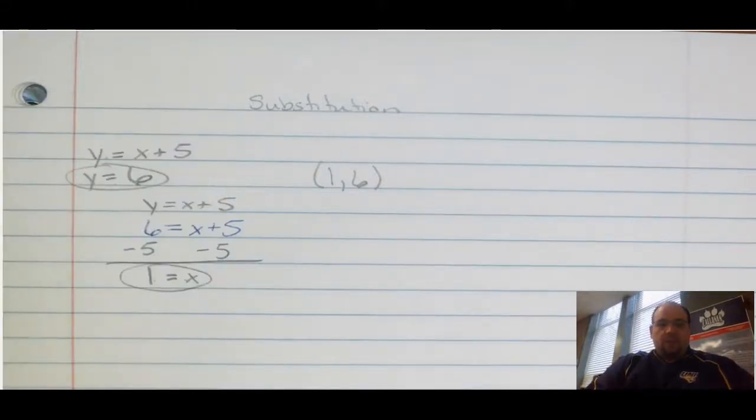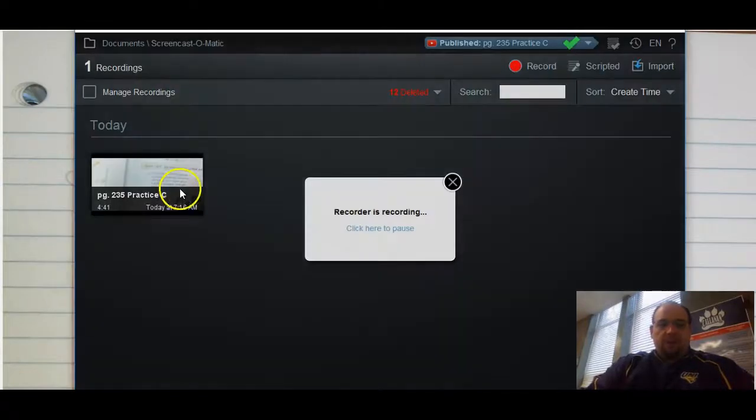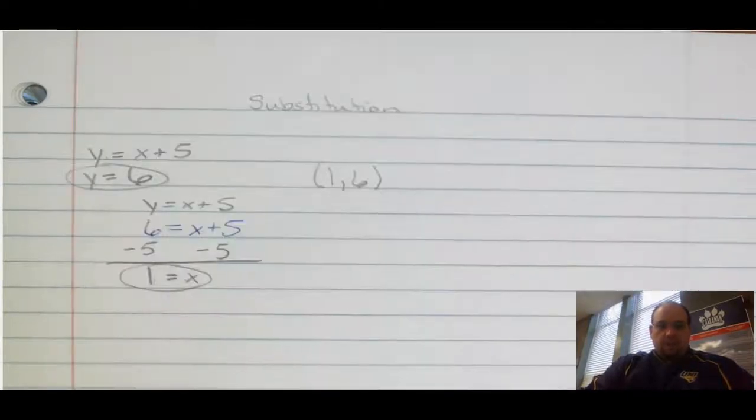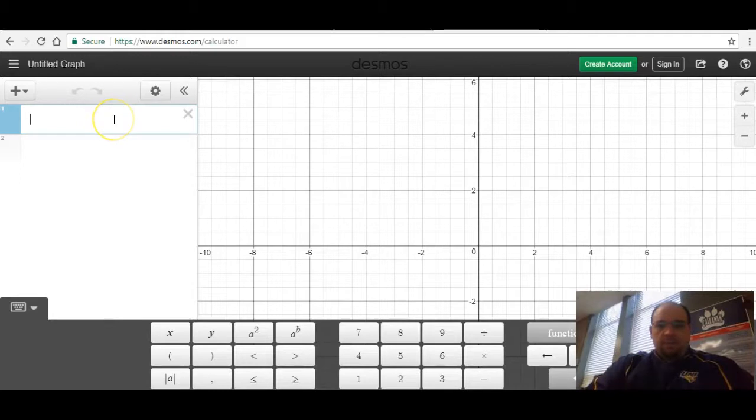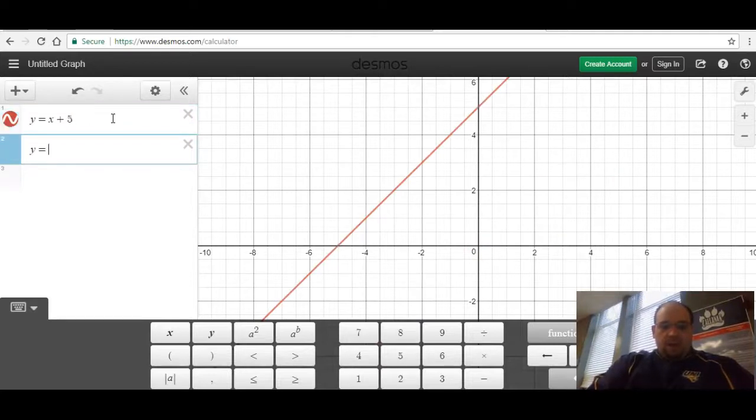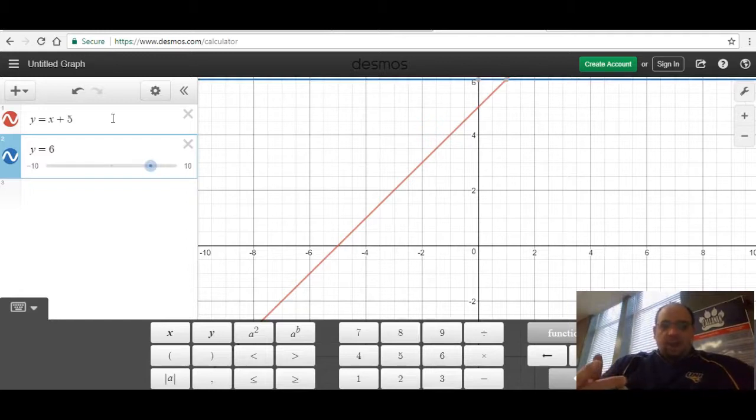Okay, so how I'm going to check it graphing-wise is, I'm going to go ahead and enter those equations. y equals x plus 5. Then I'm going to hit enter, and then y equals 6. And if this comes out correctly, I should get a solution of (1, 6) when I check my answer on Desmos.